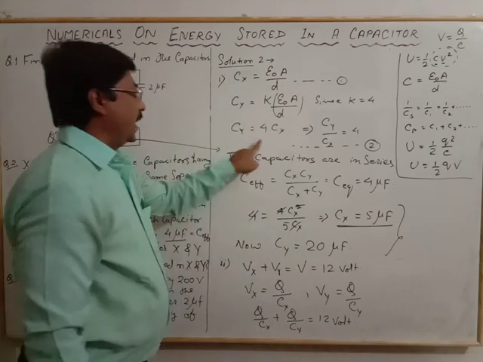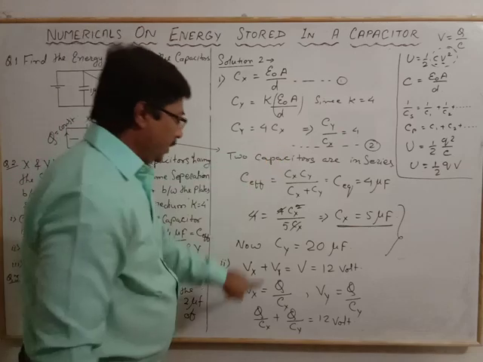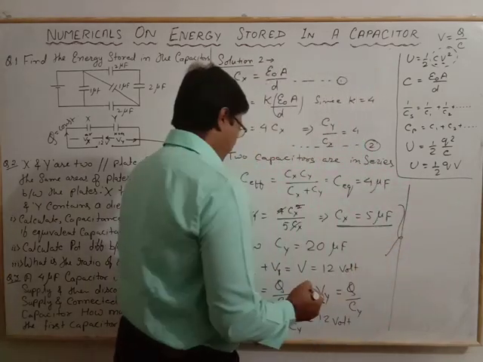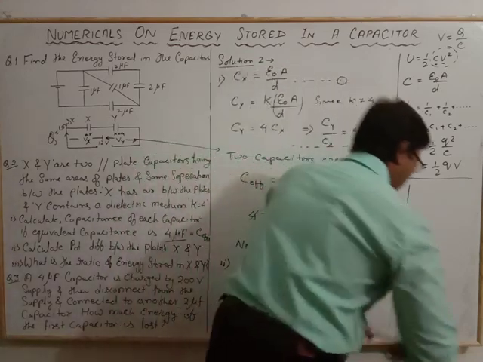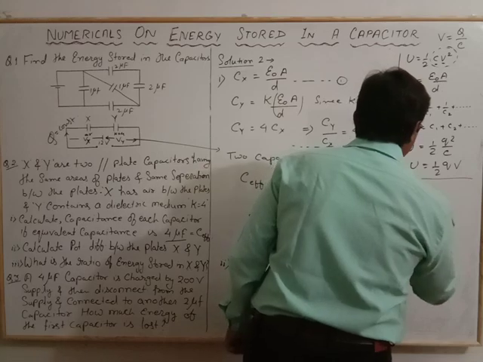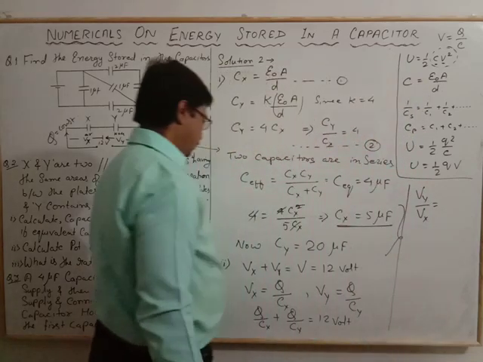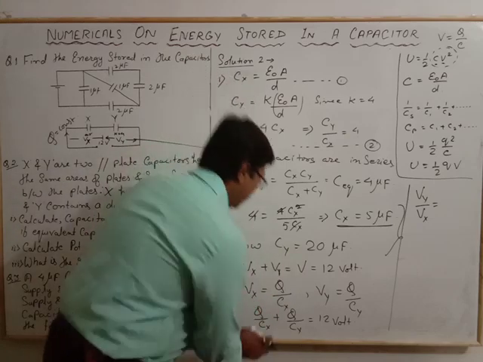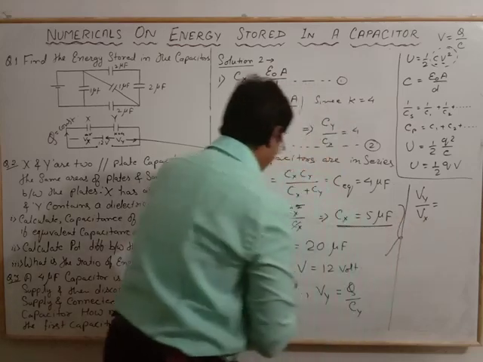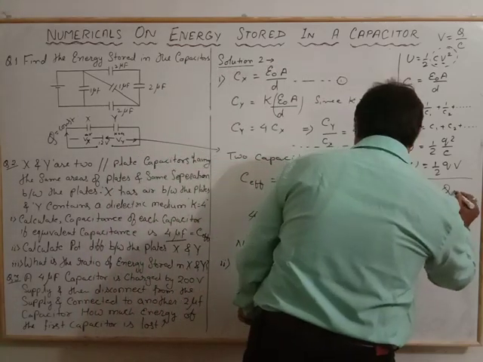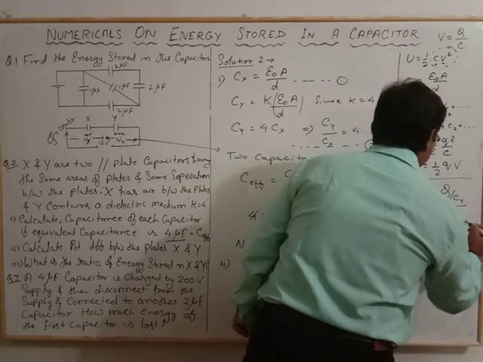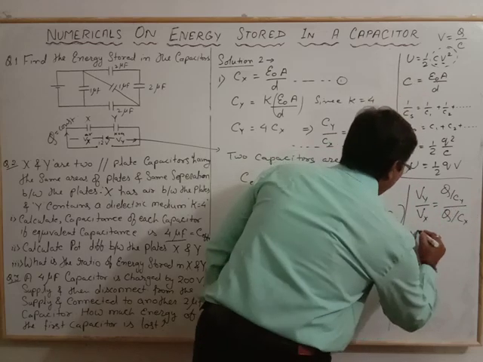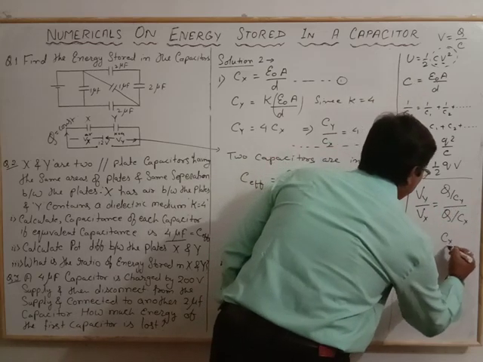Now in place of Cy we have Cy equal to 4 times Cx. Let us see it another way: Vy by Vx is equal to (Q by Cy) by (Q by Cx), so Q cancels and that becomes Vy by Vx is equal to Cx by Cy.